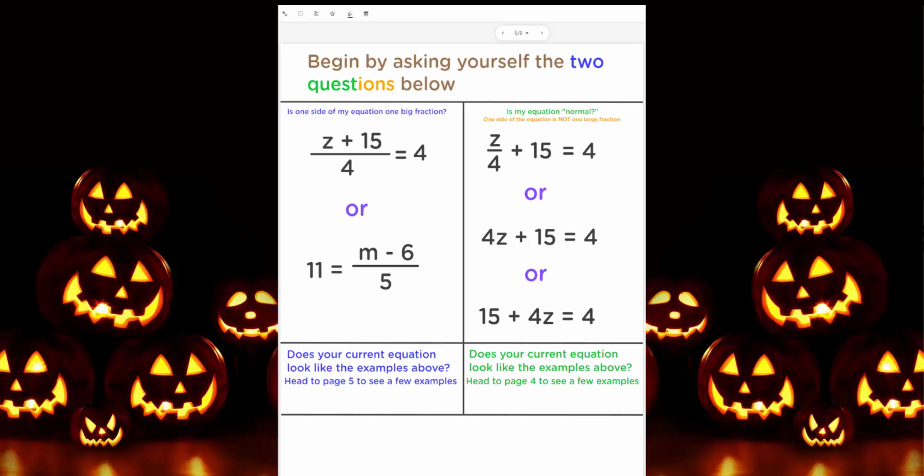I'm going to do 3 examples of each, but we'll start out with the normal two-step equations first.